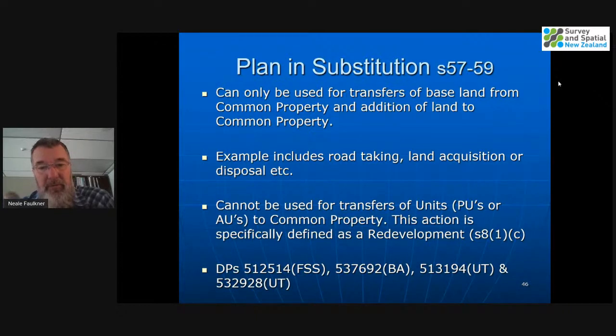So in other words, don't show the little parcel of land that you're exchanging amalgamated with the balance lot or the neighbouring lot, and call that lot 2, for example. Show your separable portion as a separate individual lot, and 537692 shows that. And then 513194 and 532928 are the plans and substitution. In other words, they include and exclude the parcel of land that's being exchanged in the unit title.